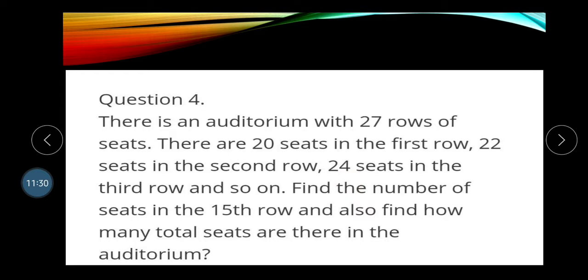So the first term, that is our first term, is 20. A is 20 and the difference, it is increasing by 2. So D is 2 and N is 15. We here need to find T15. How many seats are there and total we need to find, that is Sn. Let's start, students.